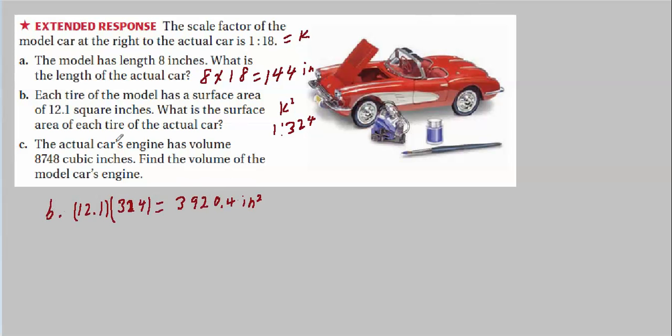And lastly, for part C, they asked us to find the volume of the model car's engine given the actual car. Well, first thing we have to do is find K cubed.